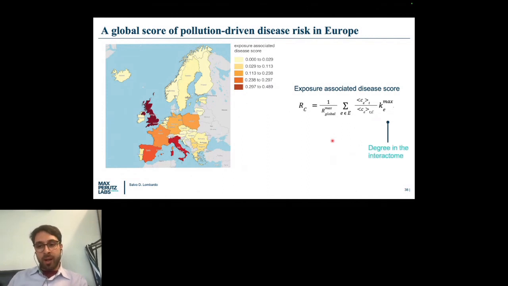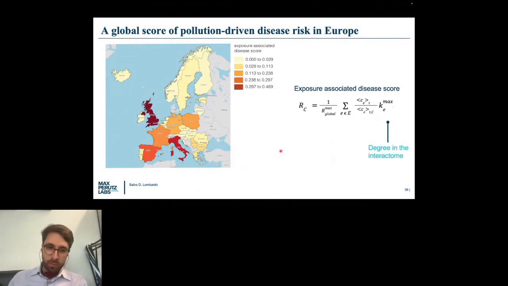And then it would also take into account the degree of the genes that are targeted by these exposures in the interactome, because we showed before that there is a clear connection between the degree in the interactome and the harmfulness or the hazard of these chemical exposures. And based on that, we can retrieve this kind of map.